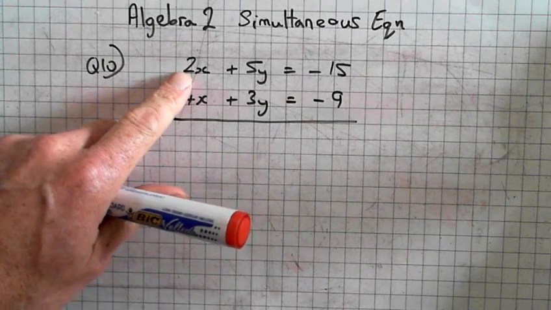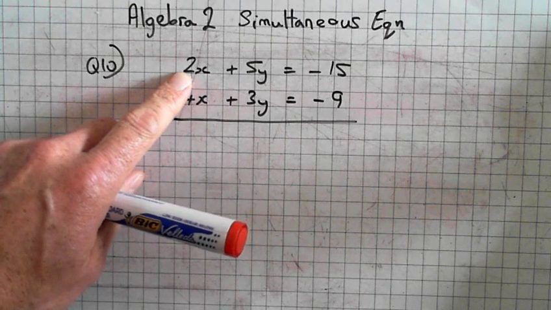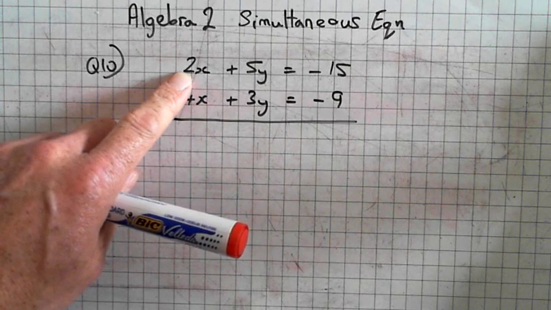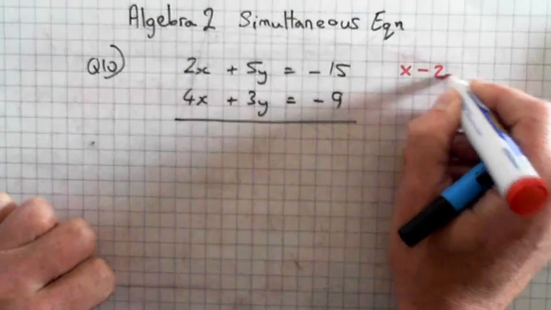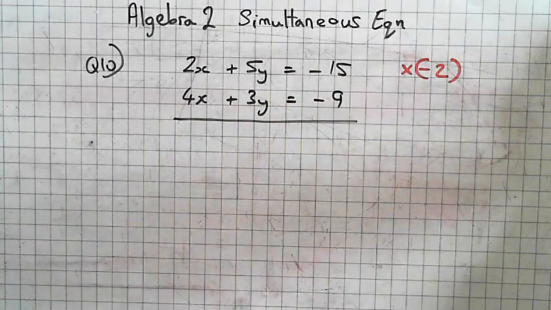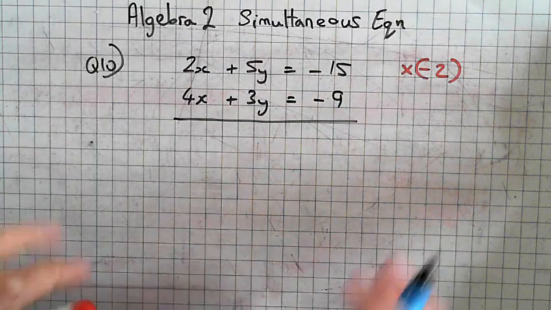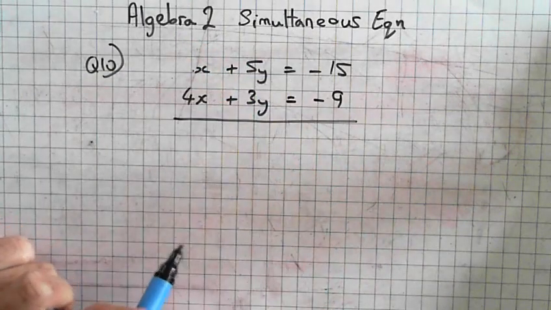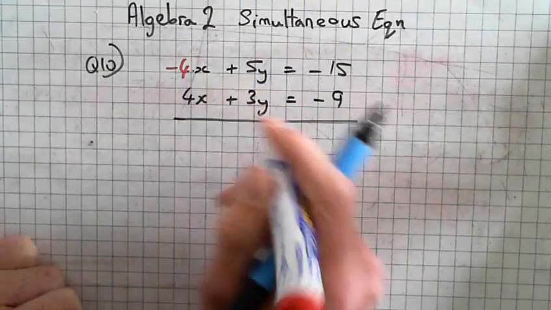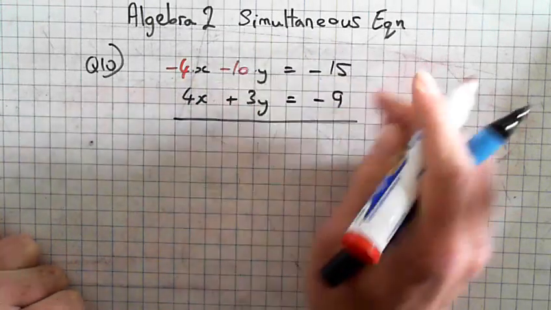Alright, so to make it a 4, first of all, I'm going to have to multiply it by 2. To make it a minus 4, I need to multiply it by minus 2. So what happens here is I multiply all of the top line by minus 2. Multiply 2 by minus 2, minus 4. Multiply 5 by minus 2, minus 10.